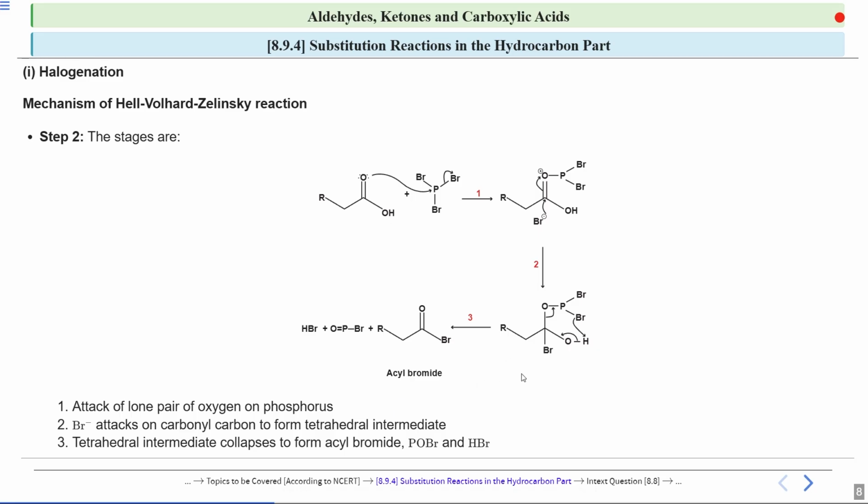So this tetrahedral intermediate collapses: this Br takes this hydrogen, you get carbon double bond oxygen, and this O double bond PBr leaves from here. So you get acyl bromide, and you get HBr and phosphorus oxybromide as byproducts.